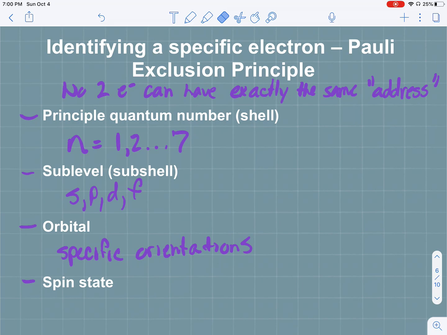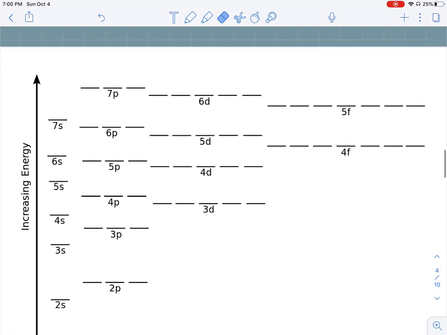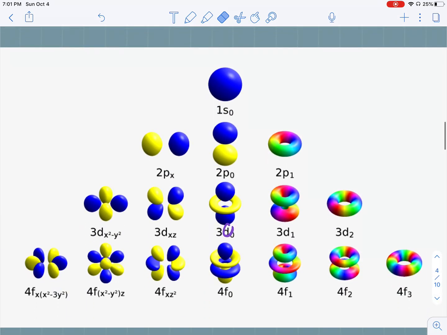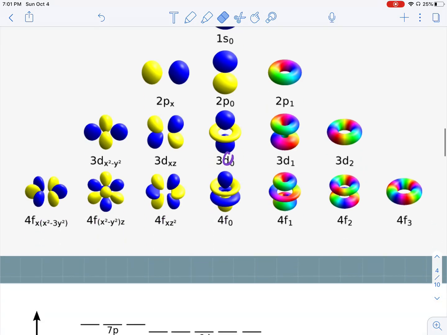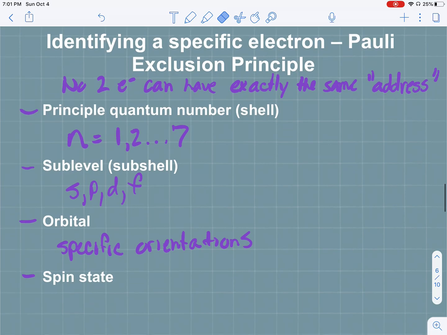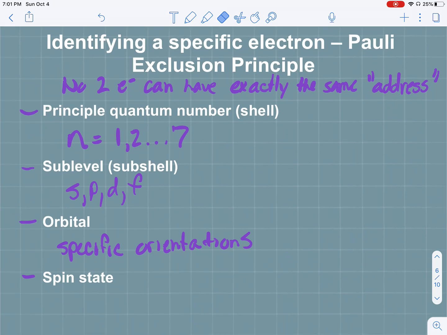So like the S was the sphere, the P was those double lobes, and the D's and the F's had progressively more complicated shapes. And if I flip back here, you see these little orientation designations down here, along with each one, indicating each of the possible orbital orientations that go along with the different sublevels.